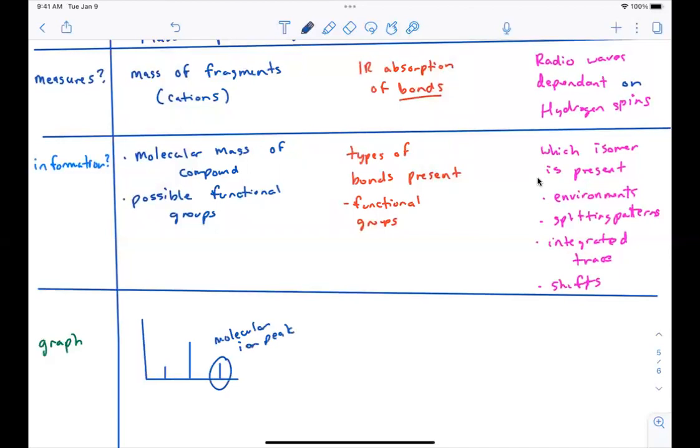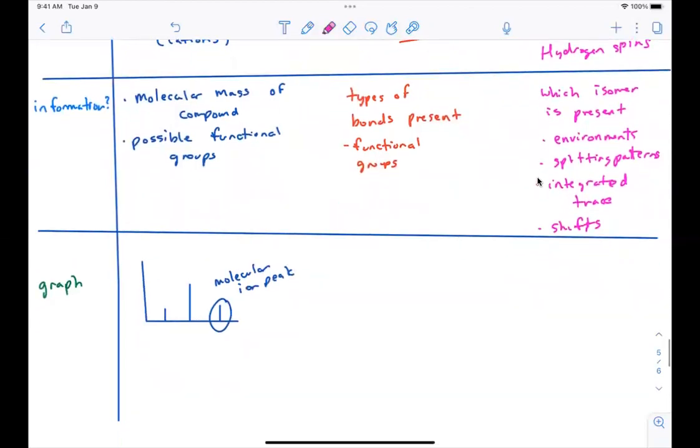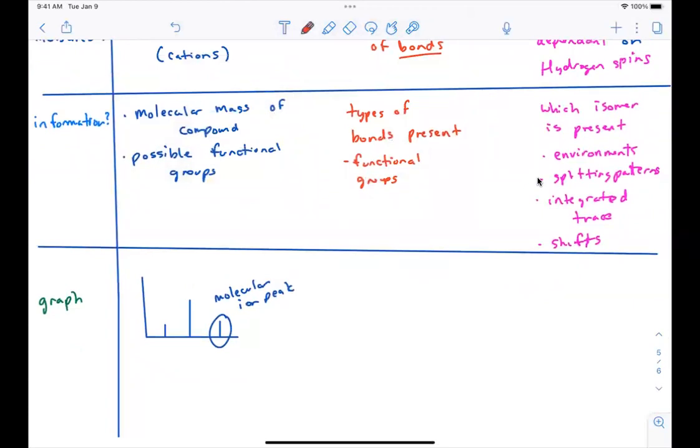So the furthest most right one is the molecular ion peak, which is the mass. I guess the furthest most significant one. There might be a tiny one after that, but that might just be an isotope. So the most significant last one. Okay. Parent ion peak is another term, correct?